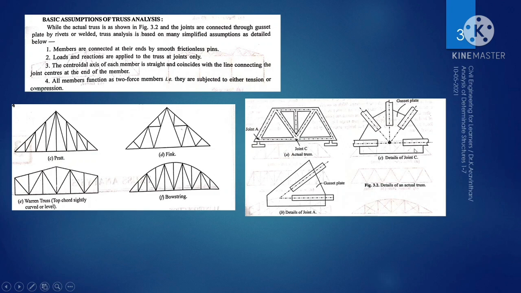This member is called gusset plate, and in this plate all the members are connected and these lines coincide with the centroid of this joint, and all the elements are connected to this gusset plate by rivet or bolt, and this is an end gusset plate. At the support reaction you can see this shape of gusset plate.